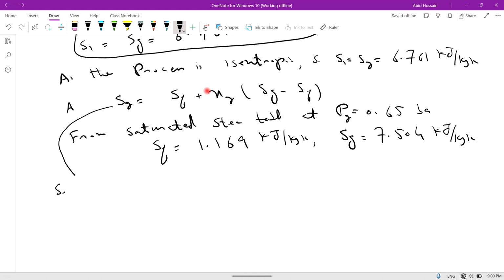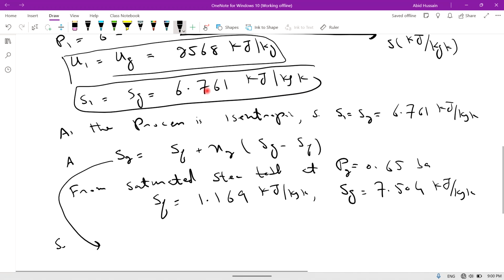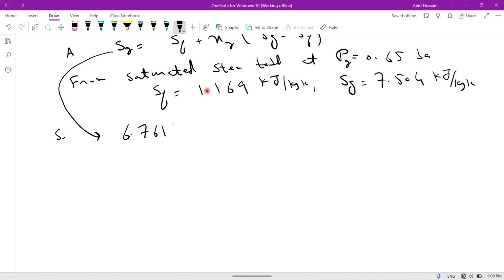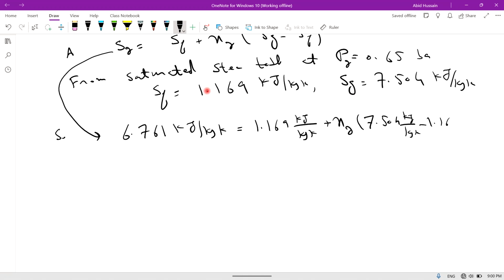So S1 is equal to S2, which is 6.761 kilojoule per kilogram per Kelvin, equal to SF, the value of SF is 1.169 kilojoule per kilogram per Kelvin, plus X2 times (Sg − SF), where the value of Sg is 7.504 and SF is 1.169 kilojoule per kilogram per Kelvin.